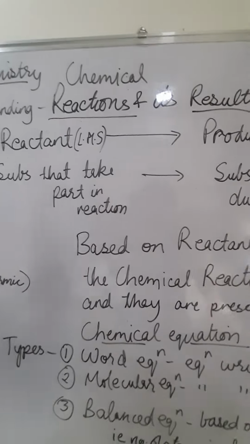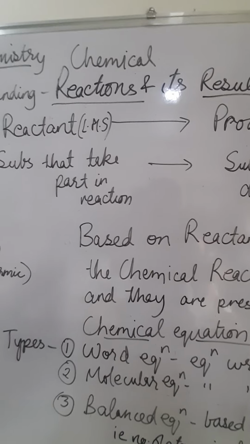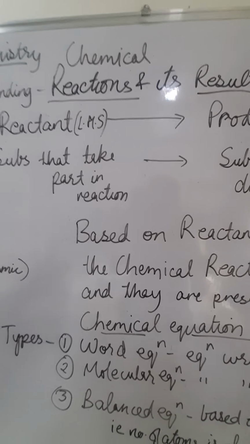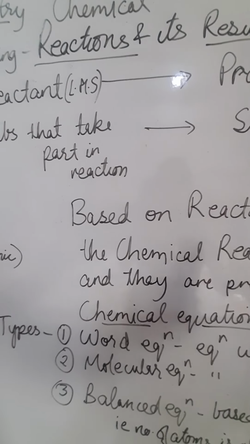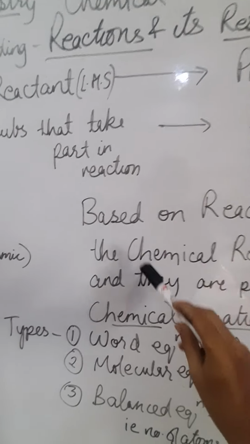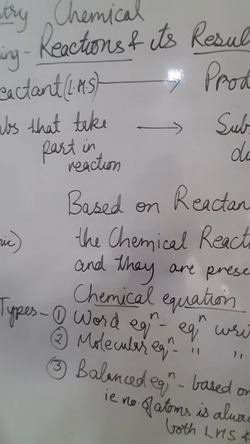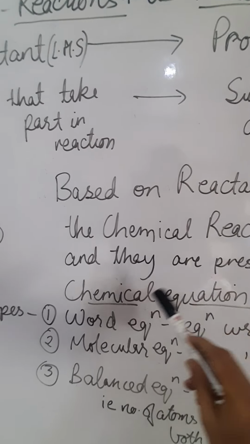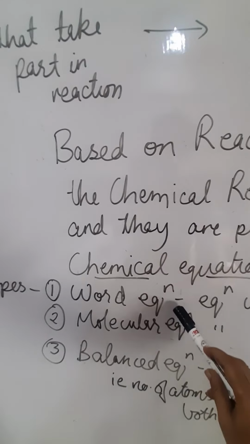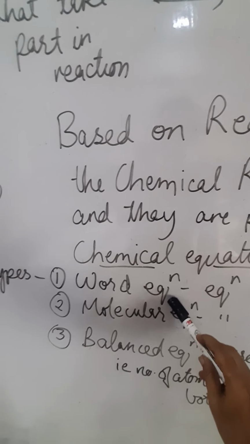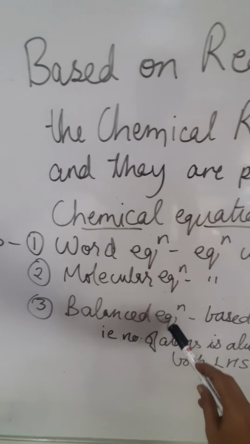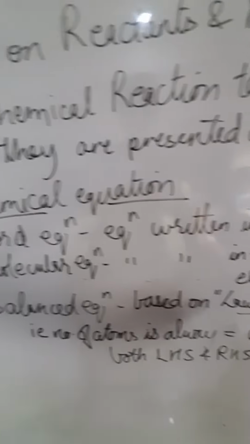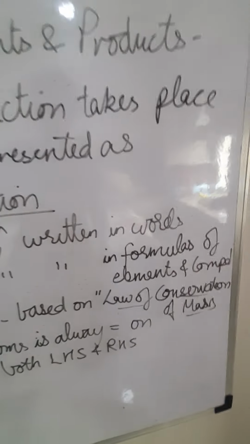Now, when chemical reactions take place, what happens after that? When the whole chemical reaction takes place, it converts from one form to another. The chemical equation can be written either in the word form, called the word equation, the molecular form, that is the chemical formulas of the elements and compounds, or the balanced equation, where the law of conservation of mass is followed.